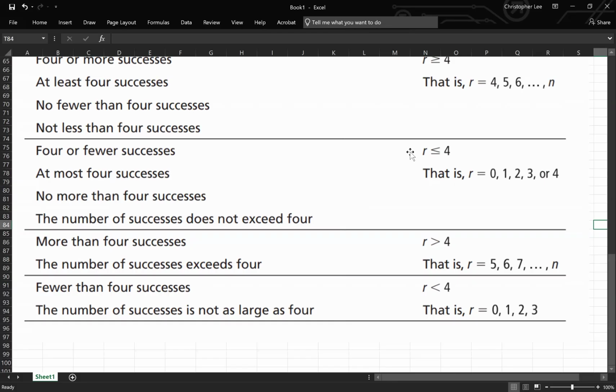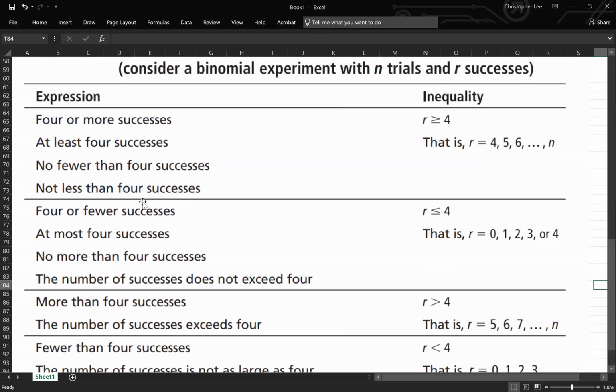You don't have to write it like this; you could write it in English. I need you to know what it means. So if I say at most 4, that means I'm talking about 4, 3, 2, 1, 0. The most is 4.